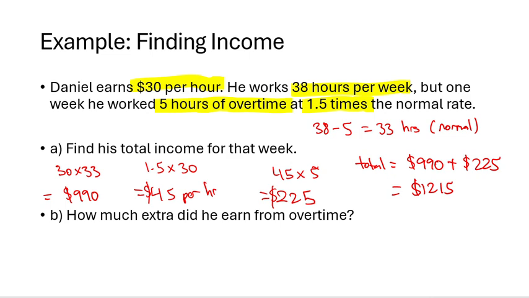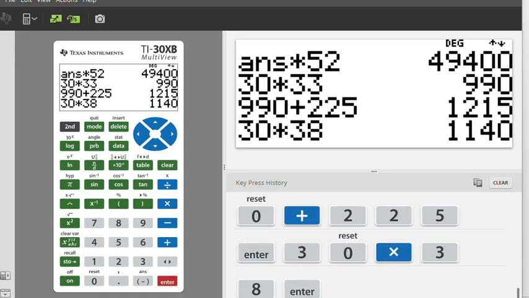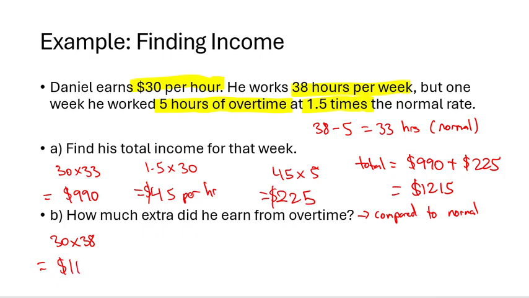How much extra did he earn from overtime? Okay, so I think this question is just asking compared to normal. So you've got to find how much Daniel would make if he just worked a regular week with no overtime. So it would be 30 times 38, which equals 1140.